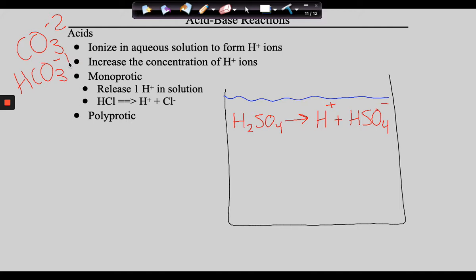So guys, anytime you see the prefix bi in front of the name of a polyatomic, it means that it has a hydrogen attached to whatever that ion is. And notice that its charge is different. Carbonate is minus 2, bicarbonate is minus 1, sulfate is minus 2, bisulfate is minus 1.